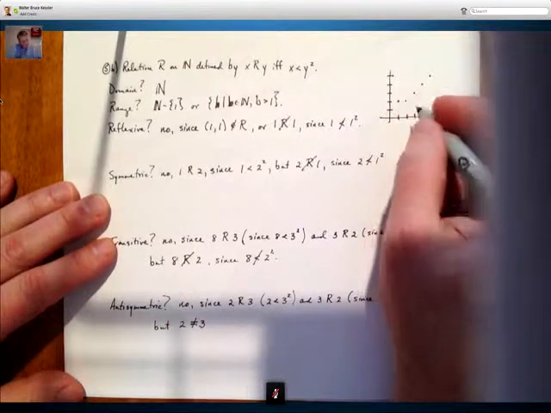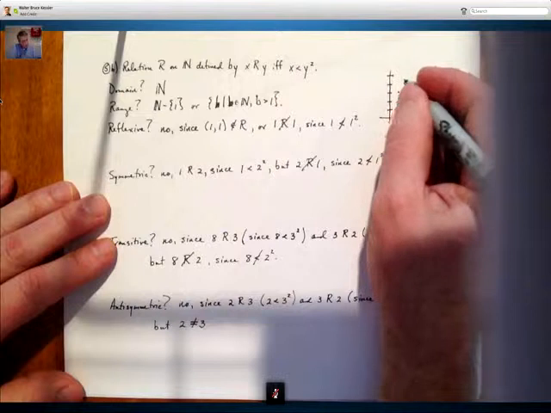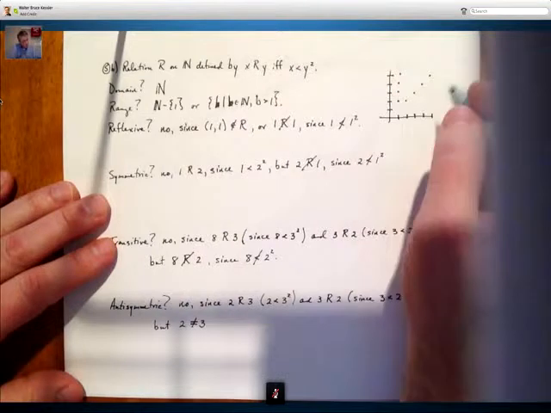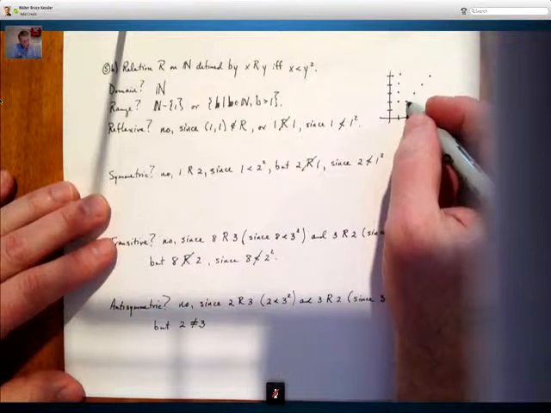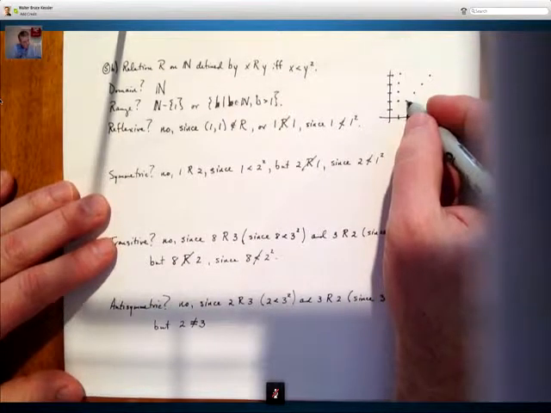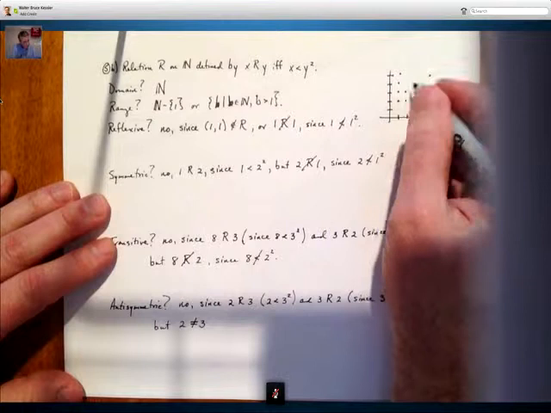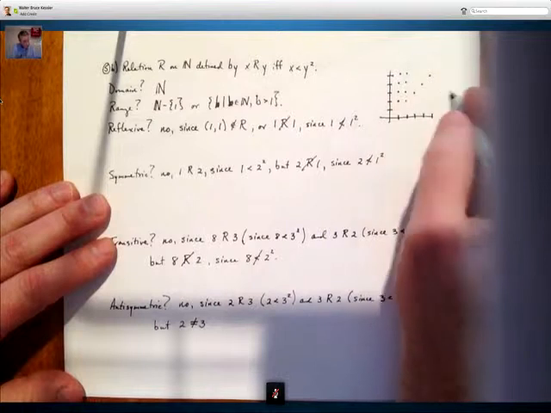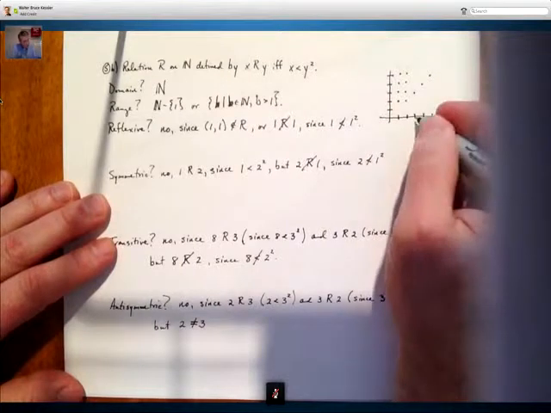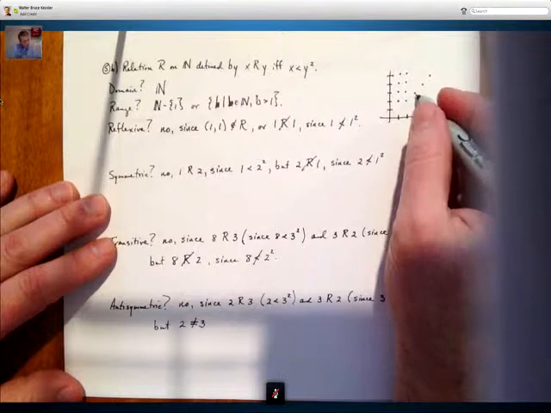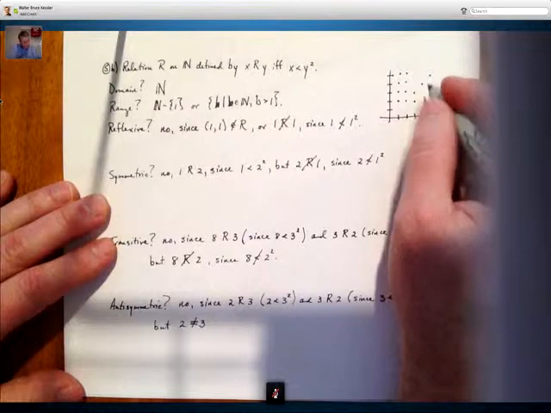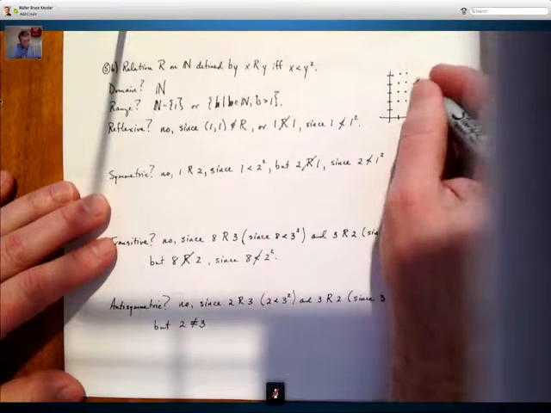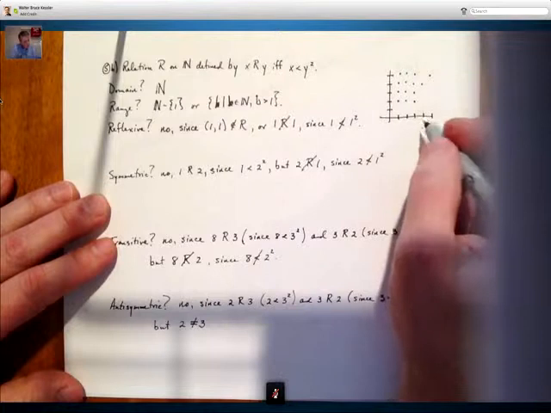1 is less than 2 squared, it's less than 3 squared, 4 squared, 5 squared. 2 is less than 2 squared, and less than 3 squared, and 4 squared, and 5 squared. And then 3 is less than 2 squared, actually, and everything above that.